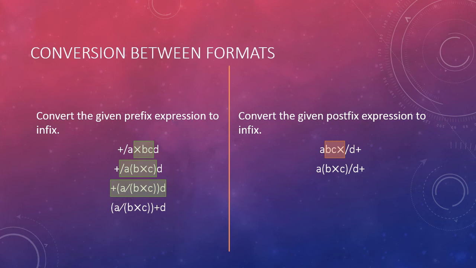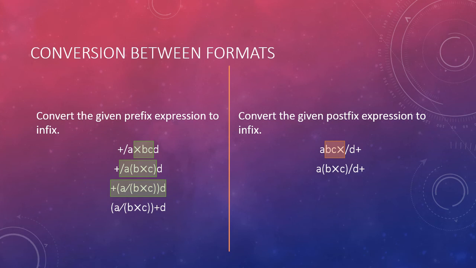Start scanning from the left towards the right, looking for an operand followed by another operand and then an operator. A is an operand. B multiplied with C in brackets is another operand.